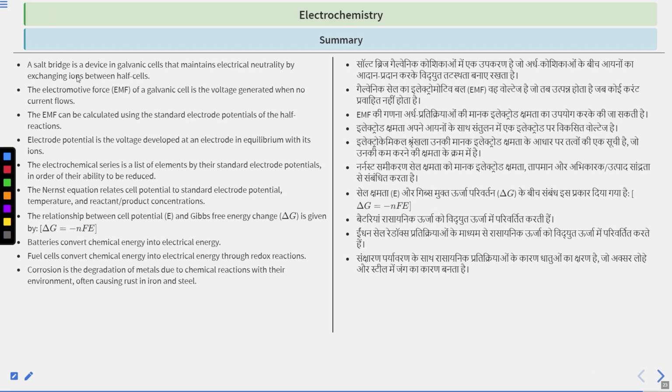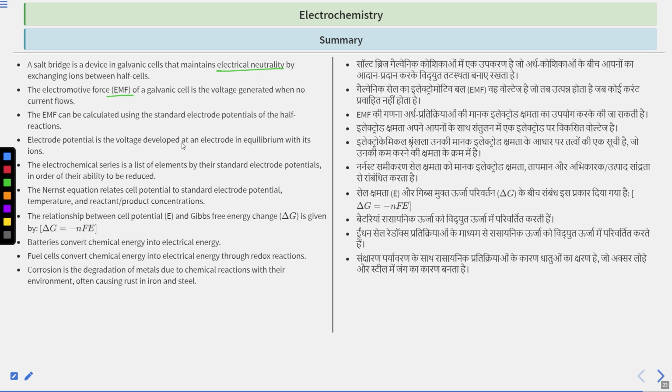Okay, so we are at our summary slide, and these are the major concepts which we have covered. A salt bridge is a device in galvanic cells that maintains electrical neutrality by exchanging ions between half cells. The electromotive force, EMF, of a galvanic cell is the voltage generated when no current flows. The EMF can be calculated using the standard electrode potentials of half reactions.